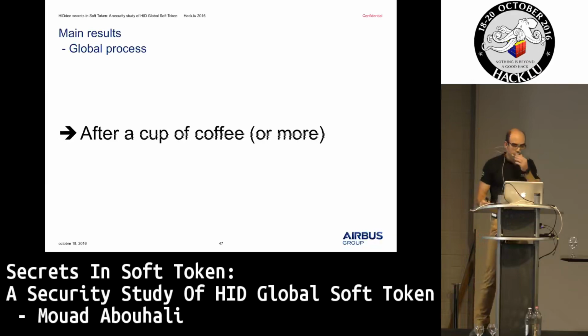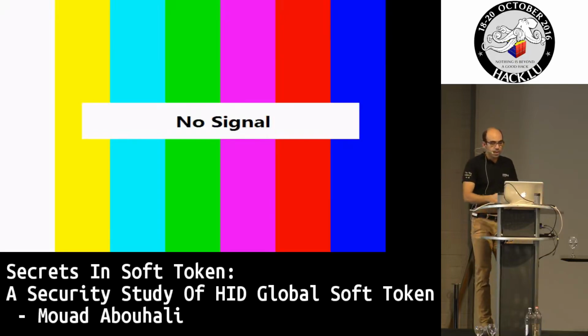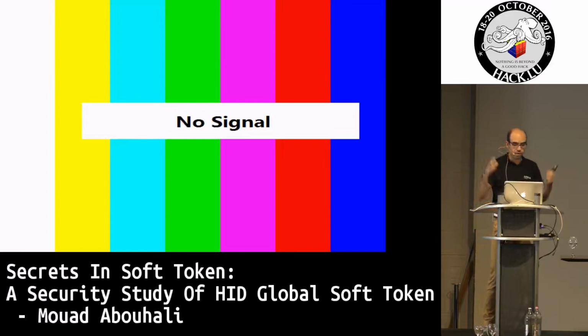So after a cup of coffee or more, with my team, we decided to reanalyze all the stuff to spot if there is something interesting to grab the PIN code of the application. For us, it's very classy if we can get the PIN code from the application itself without going for a social engineering scenario or something like this. Remember, I put everything in one slide to have a big overview of the internal functionalities of the application.